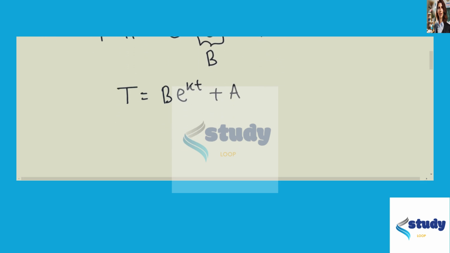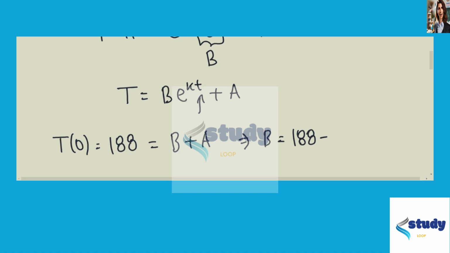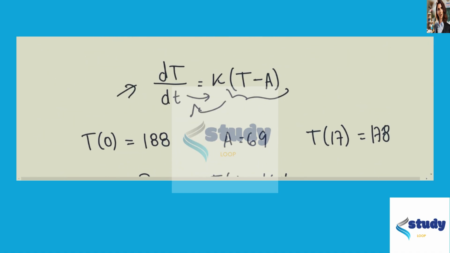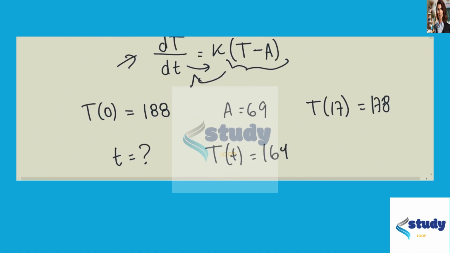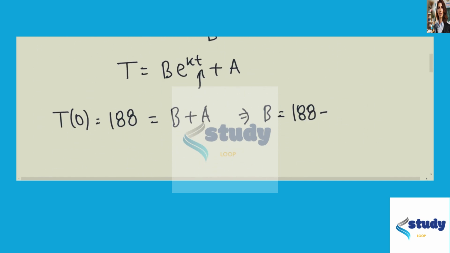Now, to find the value of b, we use the first condition that the temperature at 0 is 188. If we substitute the time 0, we have the exponential of 0, which we know is 1. So the sum of these two values should be equal to that. If we solve for b, we have 188 minus a. But a is the temperature of the surroundings, which is given, and that is 69.